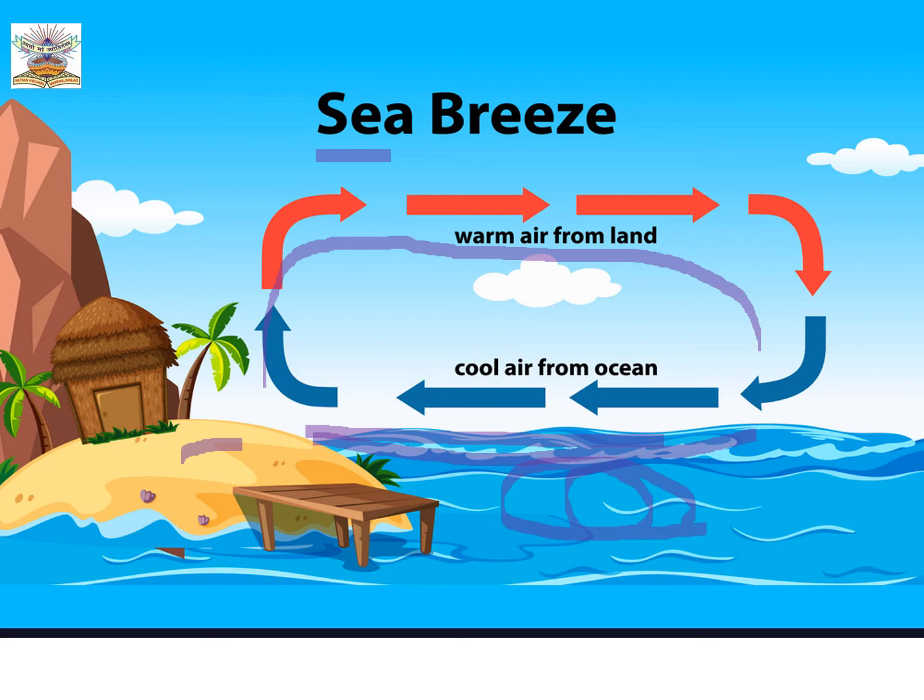And the sea water gets heated slowly and cools slowly. So the air pressure over the sea water is high. So what happens? The wind blows from the high pressure to the low pressure area and we get sea breeze. So if you sit near the sea in the afternoon, you get a lovely cool breeze. Correct? So we love to go near the water during the summers.